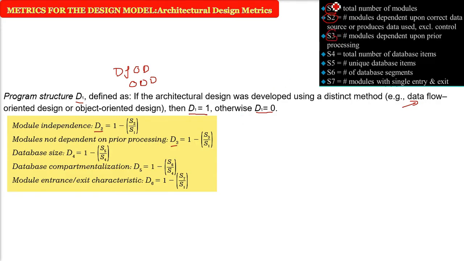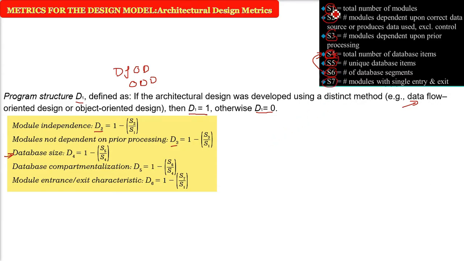Then the database size: S5 by S4. You compute it and then subtract it from 1. You get the database size. Then the database compartmentalization, D5: S6 by S4, and subtract it from 1. Then the module entrance or exit characteristic.